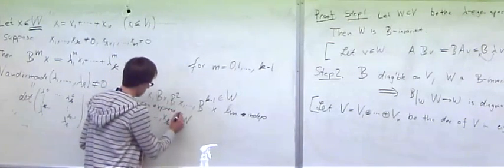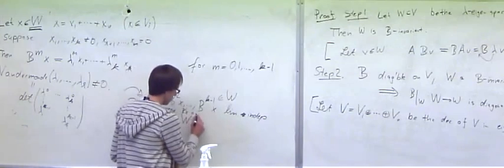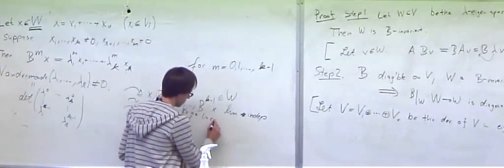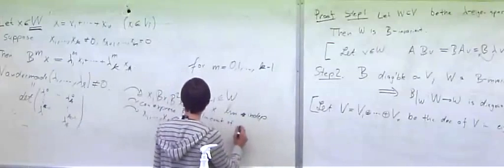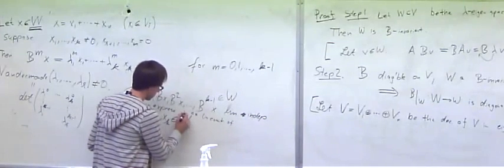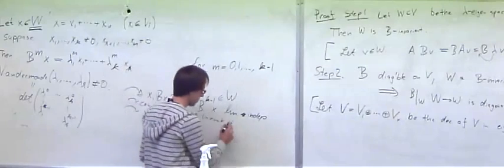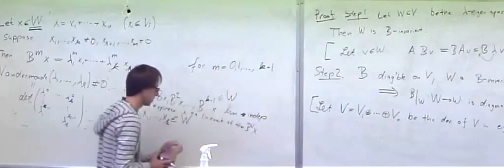I can express xi as a linear combination of the B^j x.